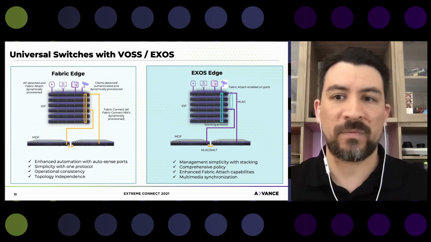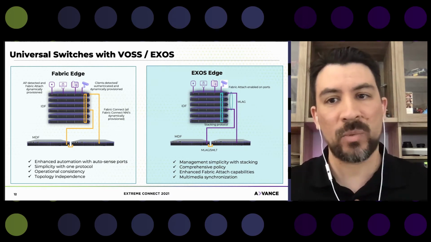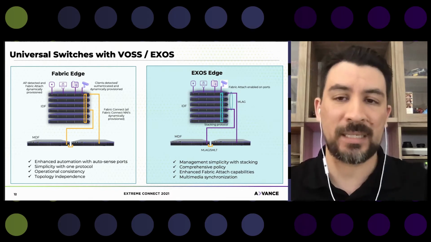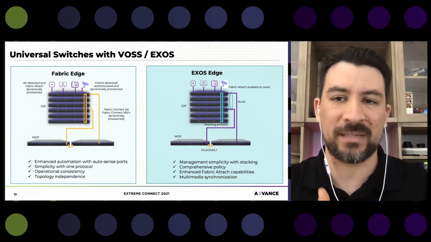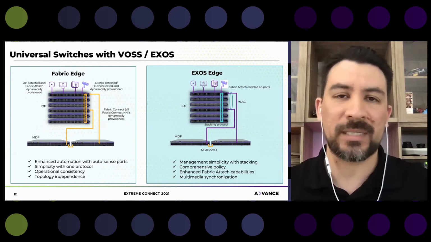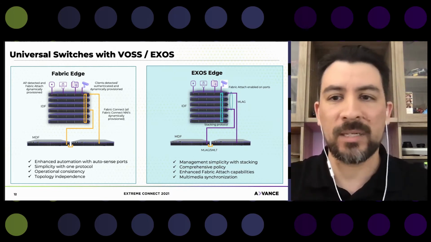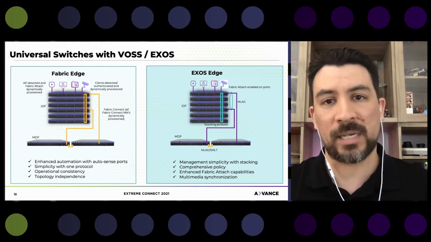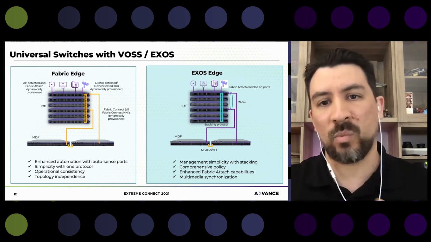We can also run fabric attached technology as well with EXOS. So if you decide to use EXOS at the edge, you can still use VOS in other parts of your network to build out your Fabric Connect environment and take your EXOS edge and use fabric attach to connect up into your fabric. And then we also offer some multimedia synchronization feature sets within EXOS.